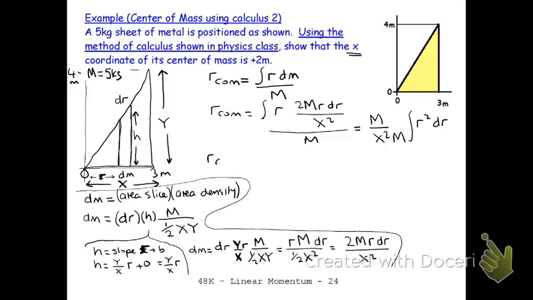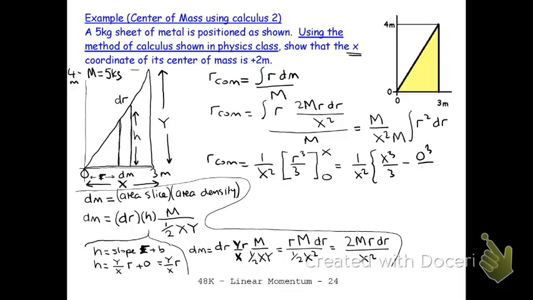So our center of mass is equal to 1 over x squared. That's going to be r cubed over 3. Is that right? Yeah. And it's going to be from 0 to x. Again, we're starting on the origin this time. So 0 to x, which will give us 1 over x squared, x cubed over 3 minus 0 cubed over 3.